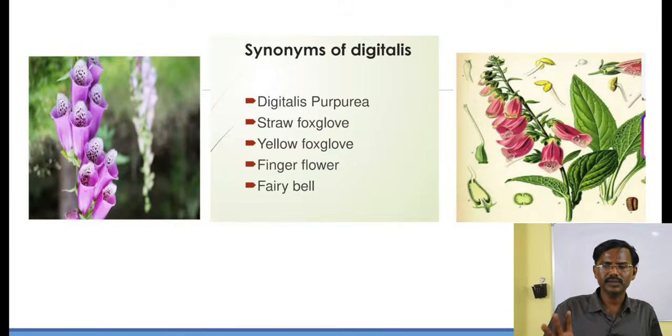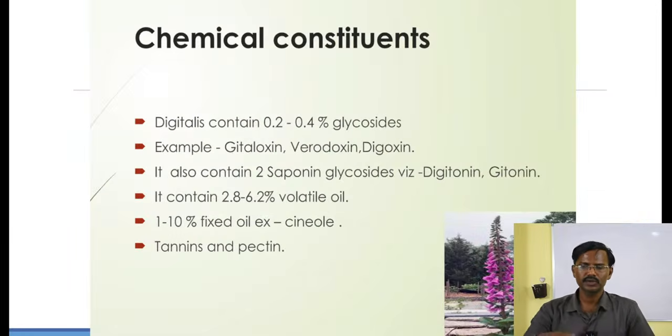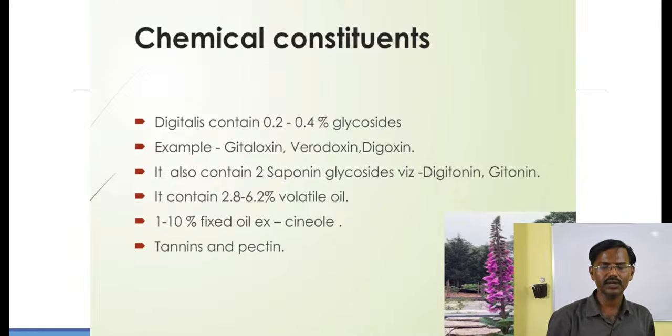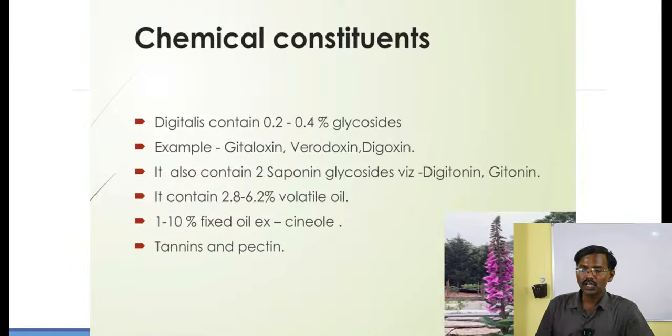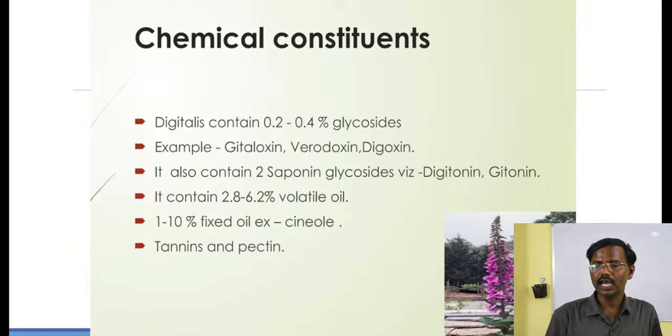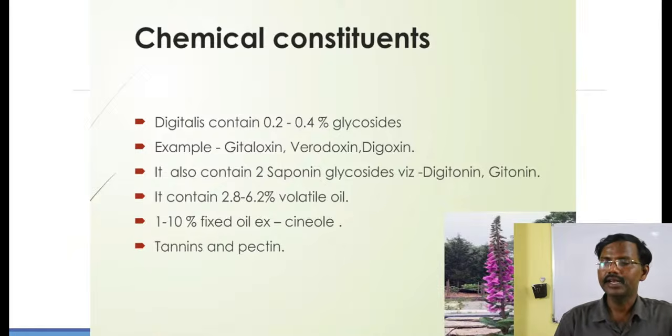What are the main chemical constituents? There are very important chemical constituents. Digitoxin, and the main percentage of glycosides is also very important. Digitalis contains 0.2 to 0.4% of glycosides, and important ones are digoxin, gitoxin, and gitaloxin, and digitonin.